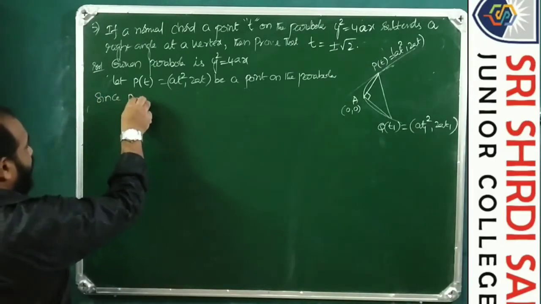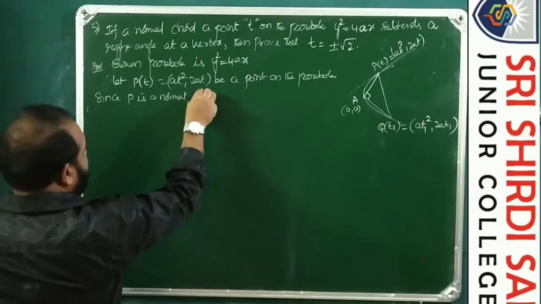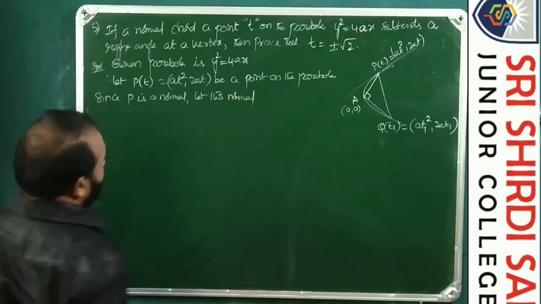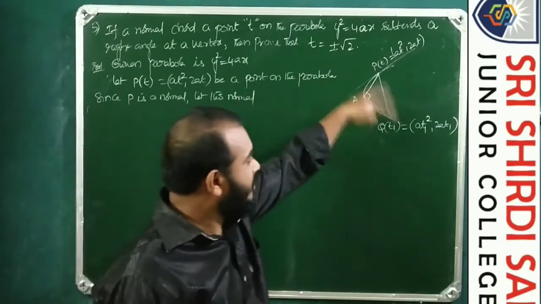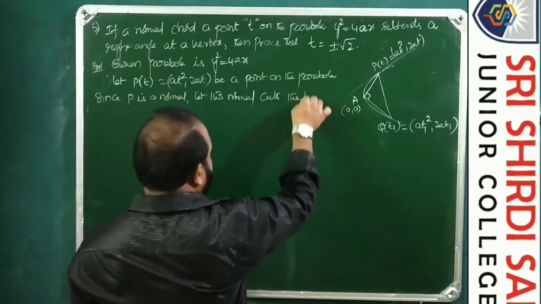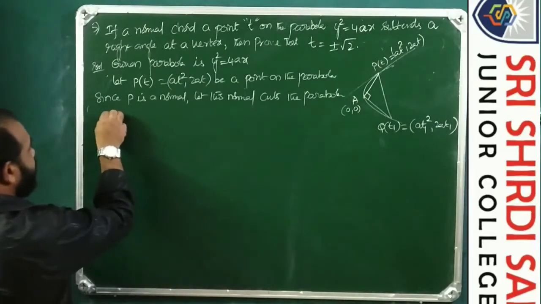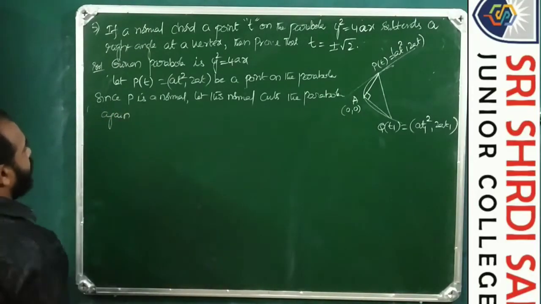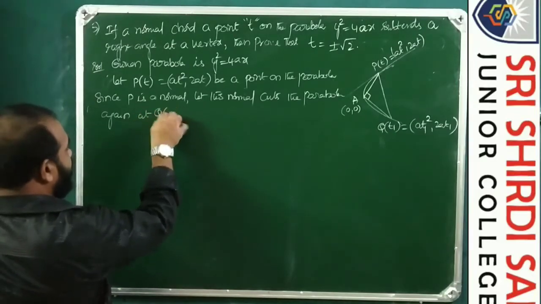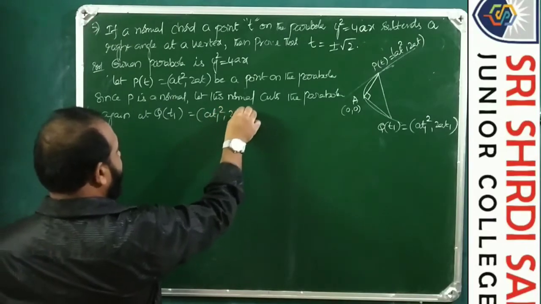Since P is a normal, let this normal cut the parabola again at Q of T1, which is a t1 square comma 2a t1.